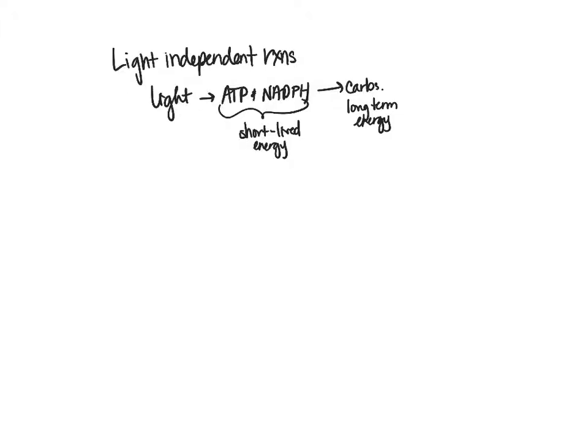The cycle is called the Calvin-Benson cycle, named after the people who figured this out. This is the biochemical pathway used for the fixation of carbon dioxide. It's located in the cytoplasm for bacteria, or the stroma in eukaryotic organisms. Remember, in the chloroplast, the cytoplasm area outside of the grana is called the stroma, and that's where the Calvin-Benson cycle occurs.